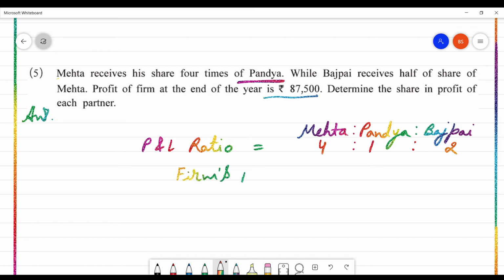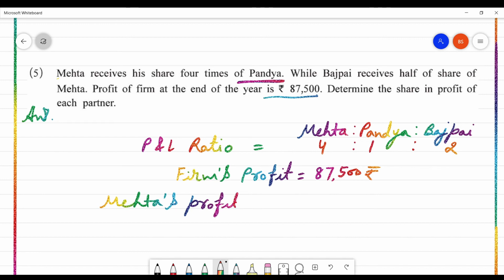After that, we will write down firm's profit equals 87,500. Mehta's profit equals 87,500 into 4 divided by total, means 4 upon 7.